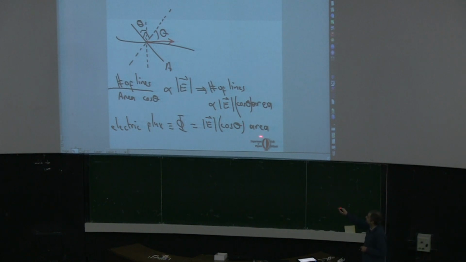I will define some new vector, the area vector, such that this vector will have the magnitude of the area, and its direction will be such that the angle between the area vector and the electric field is just theta. So basically, I will define this vector over here, S. This is the area vector. I will be using this quite often, so it's important that you understand it.